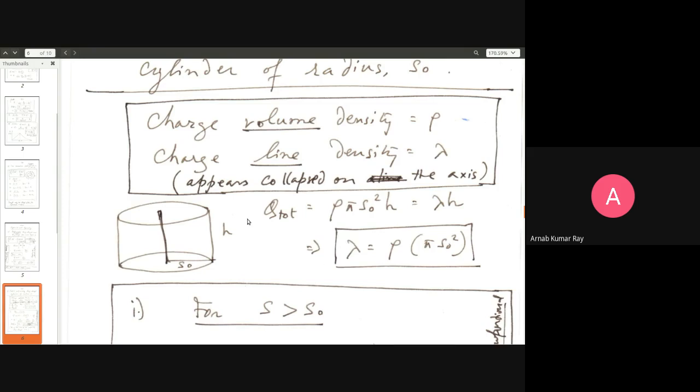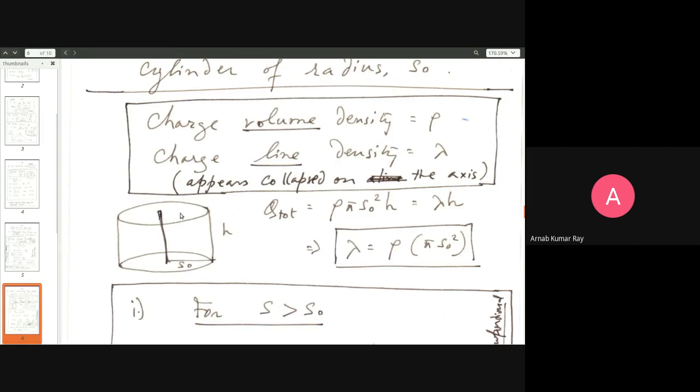You are another charge, and you experience the attraction or the repulsion. As far as you're concerned, this cylinder might as well have collapsed along this line. Viewed from outside, the charges appear gathered all along a line, collapsed on the axis.